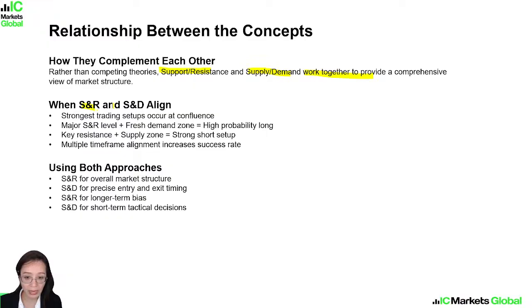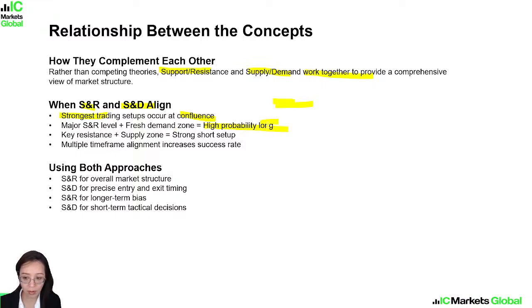When support and resistance align, the strongest trading setup occurs at the confluence. That's why I say if you're confident, you can increase your lot size, and you can have a tight stop loss. Major support and resistance level plus fresh demand zone equals a high probability trade setup.